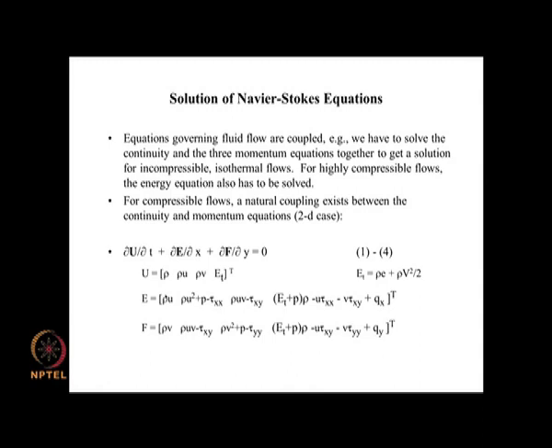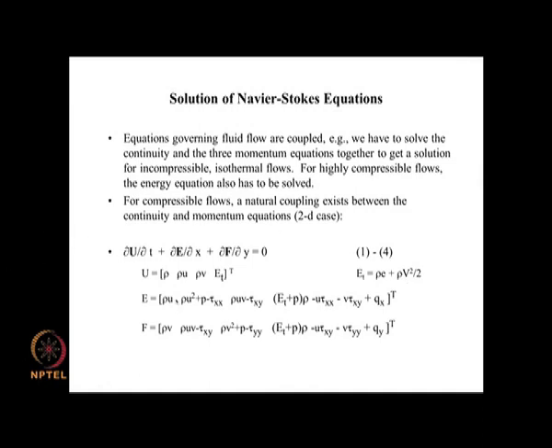For example, U here in the case of continuity takes rho, and in the case of x momentum it is rho u, in the case of y momentum it is rho v, and in the case of energy equation this is the total energy which is expressed as rho times e, where small e is the internal energy, plus rho v square by 2, which is the kinetic energy.